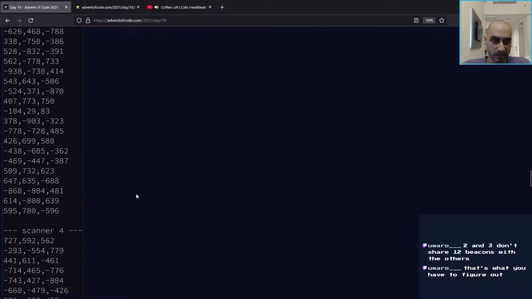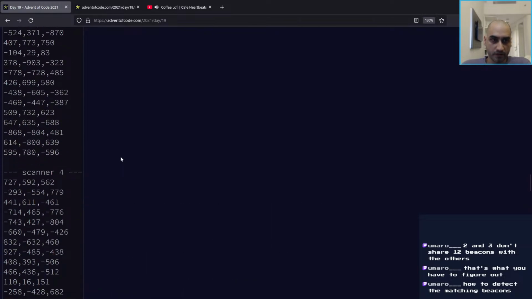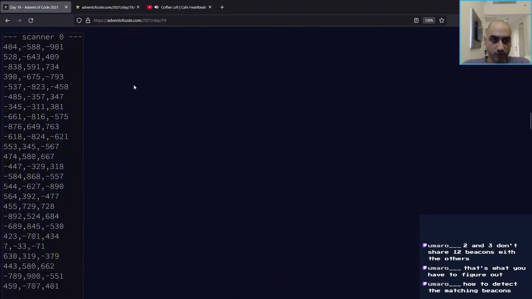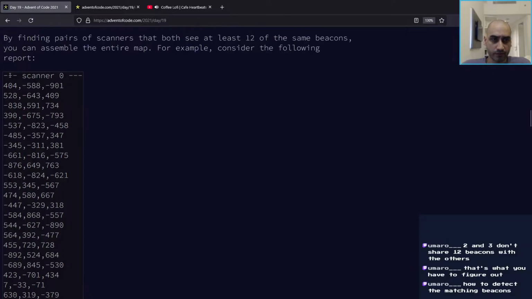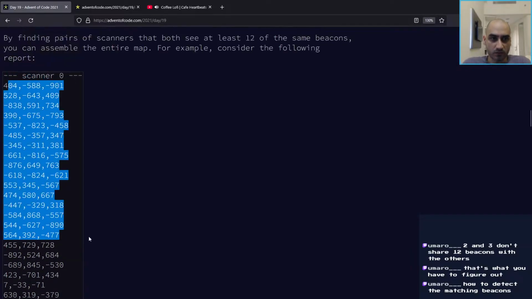Well, I don't think it's possible, according to my understanding. Like, according to the description, these could be cubes that are just next to each other. And these could all be beacons within those cubes, respectively.